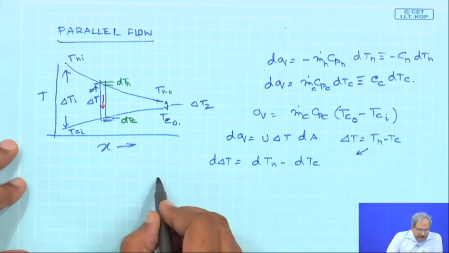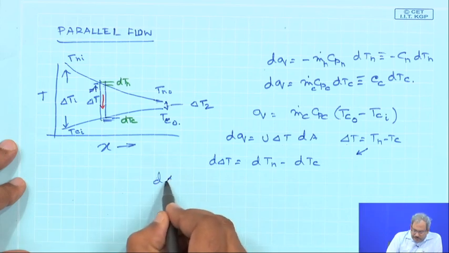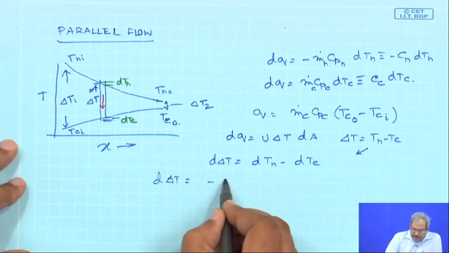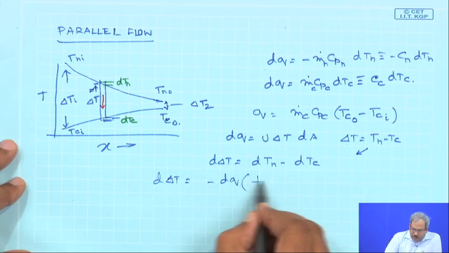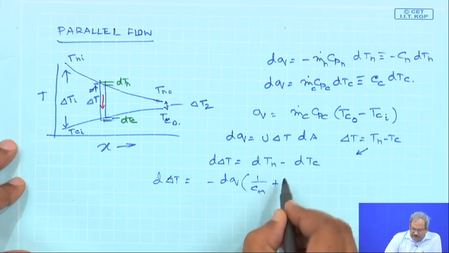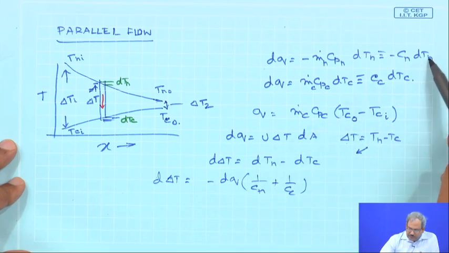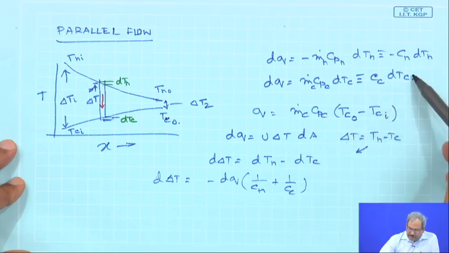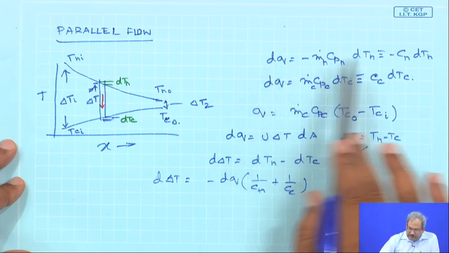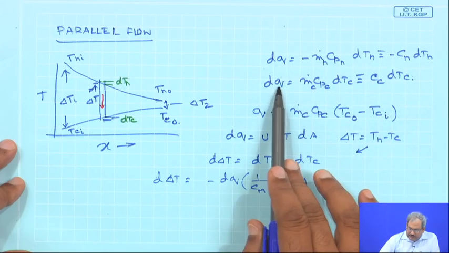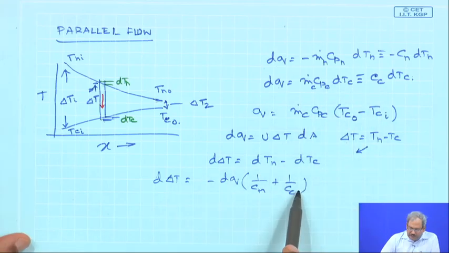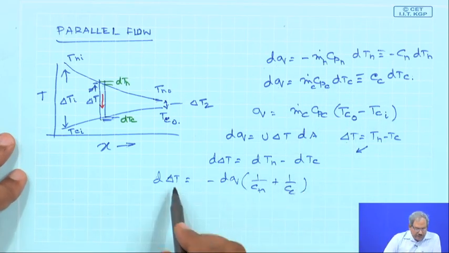So, d delta T can be written as minus dq times (1 by Ch plus 1 by Cc). So, dTh comes from here, dTc comes from here. So, it is simply dq by Ch, and here it is dq by Cc. So, this is what you are going to get for d delta T.